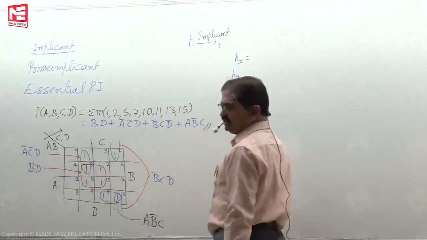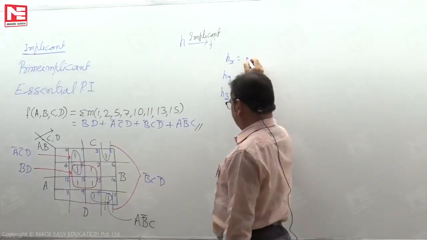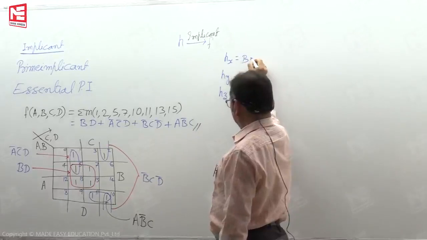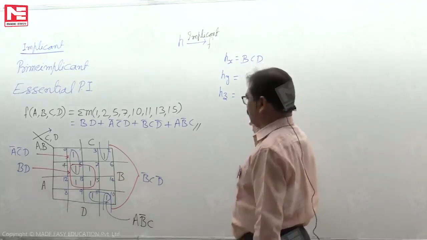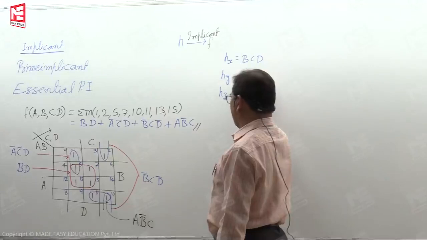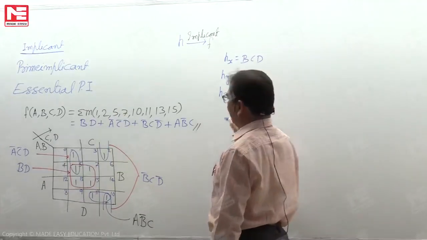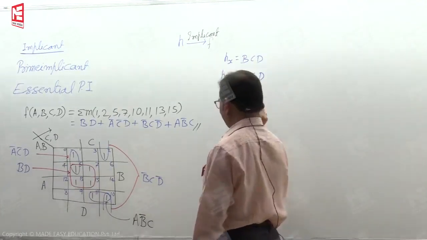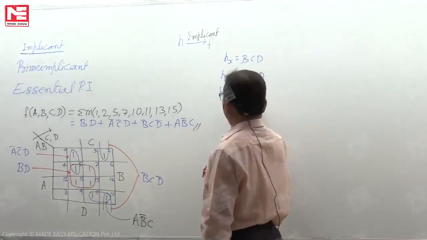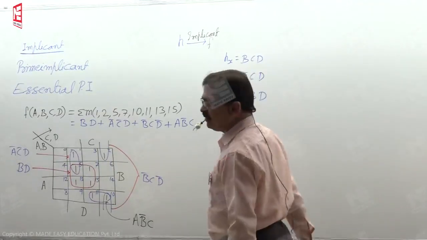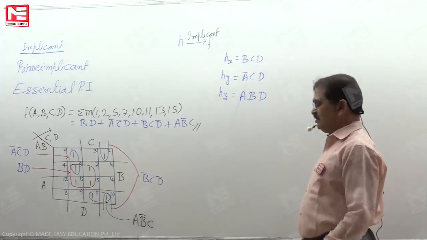The product Hx is BCD, and the product Hy is A complement CD, and the product Hz is ABD. I listed here few products Hx, Hy, Hz.